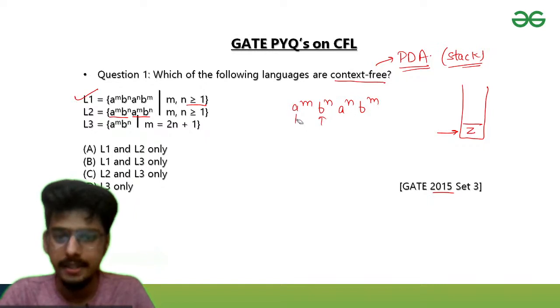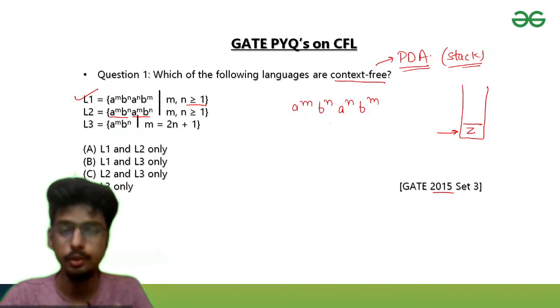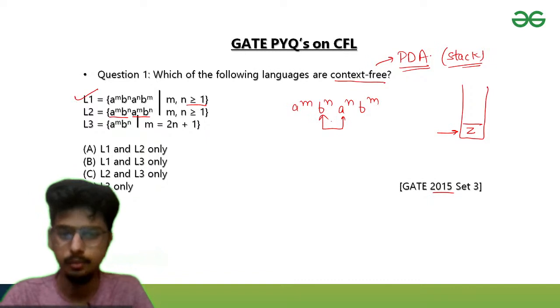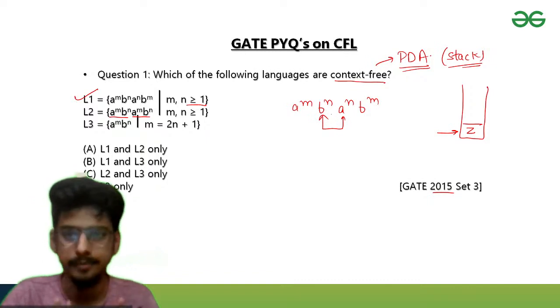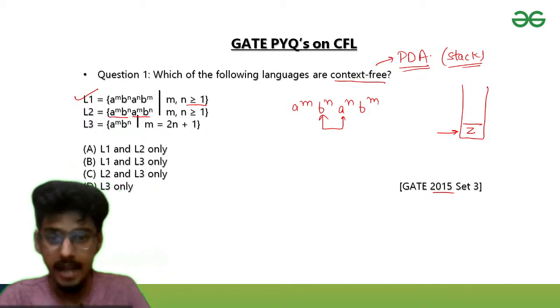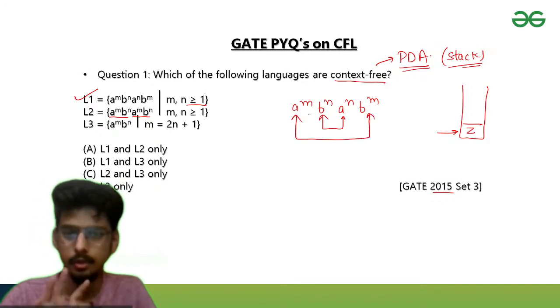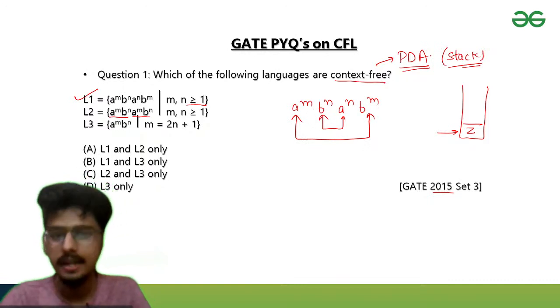In a^m b^n a^n b^m, you have to do two comparisons. First, the number of middle b's and a's should be the same, and similarly the first a's and the last b's should be the same. So can we do this? Let's figure out what our approach can be.